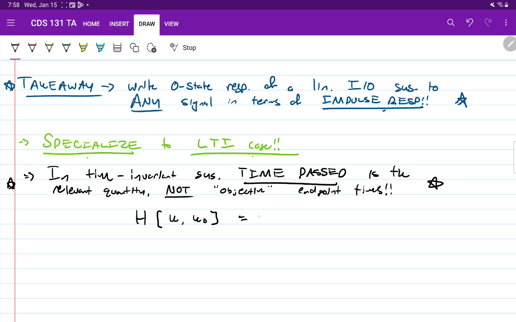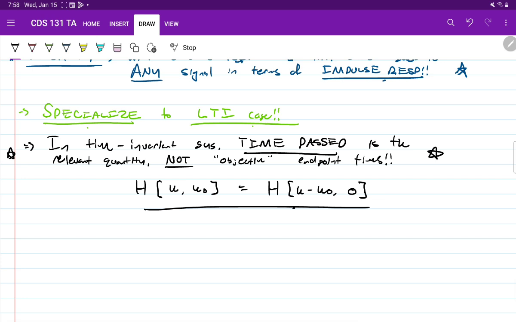So we should expect this thing to be equal to H(k minus k naught, 0), because all that matters in an LTI system is the amount of time that has passed, not the objective times k and k naught, just the difference. So this fact tells us that all we need to care about in an LTI system is the first argument of this impulse response map.